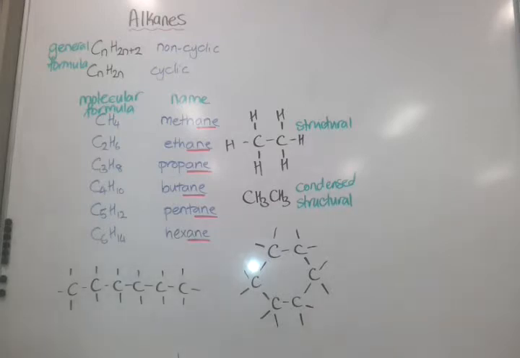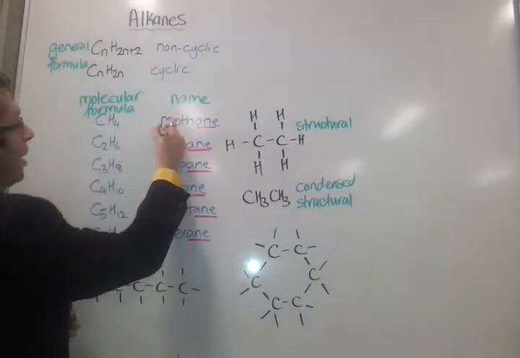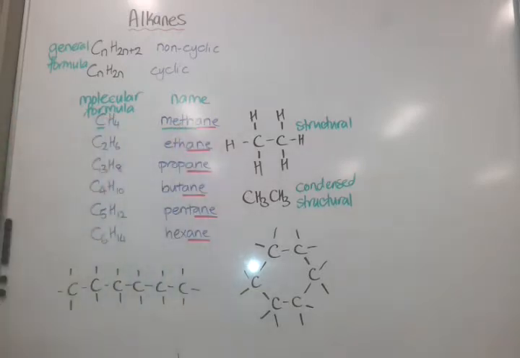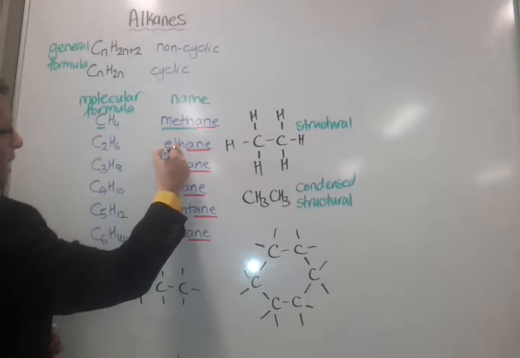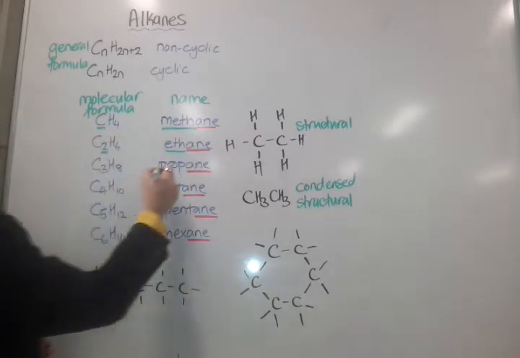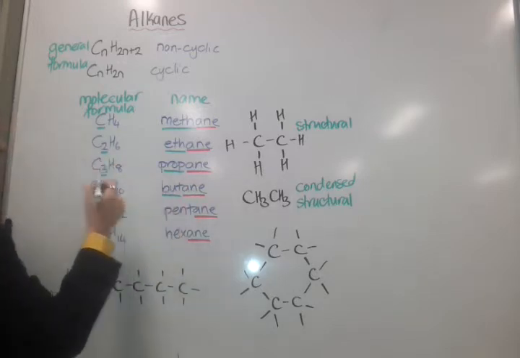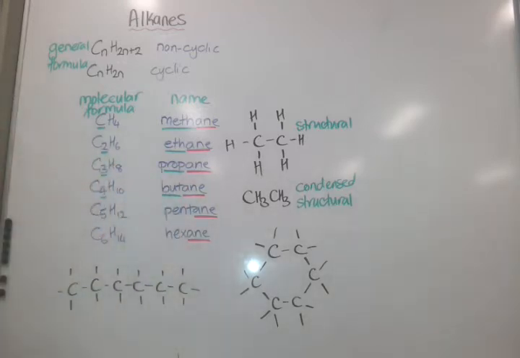Then you get these interesting starts, and that might help you understand some of the names that you hear branded around in the media and so on. Meth means it's got one carbon. Eth means that it's got two carbons. Prop means three. Bute, not but, bute means four.